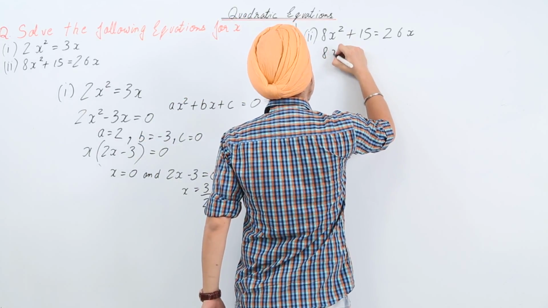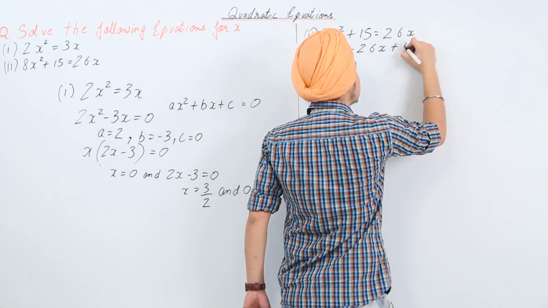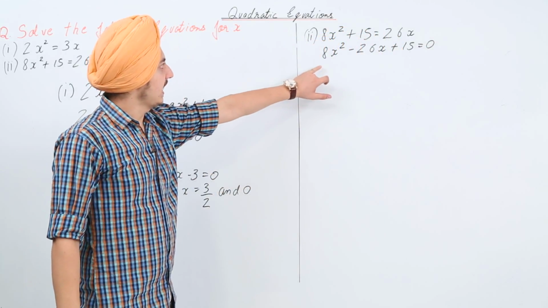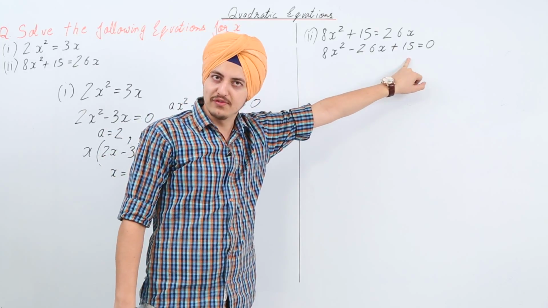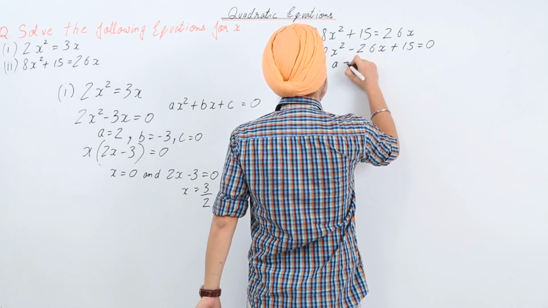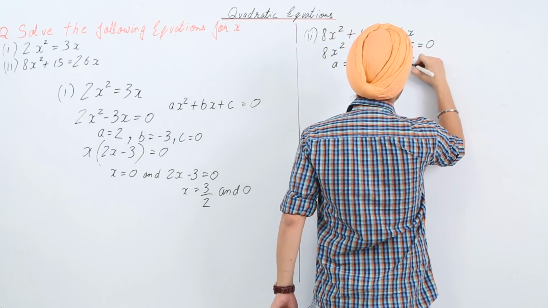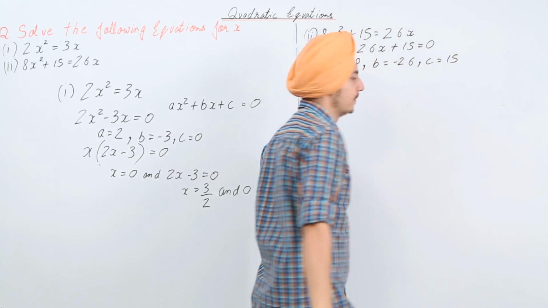We write this as 8x square minus 26x plus 15 equal to 0. So here a is equal to 8, b is equal to minus 26, and c is equal to 15.